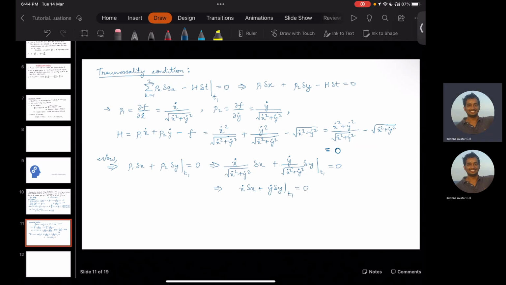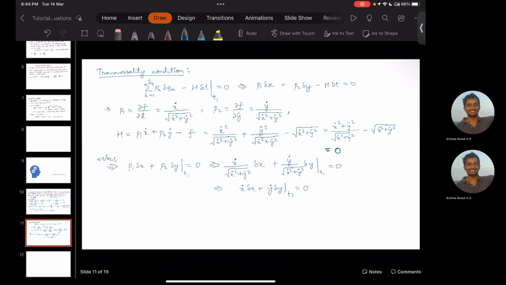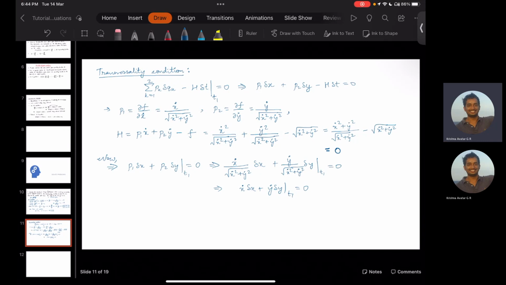Now let's bring in the constraint that we have for the endpoint, isn't it? Which is that it can only move on the line y is equal to minus 2 minus x. So which simply implies that the variations in x and y are not independent.